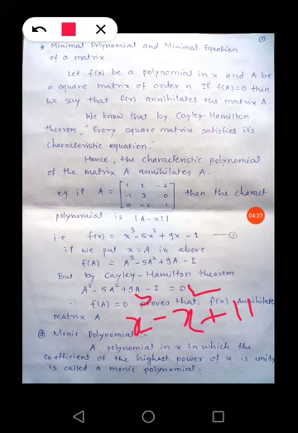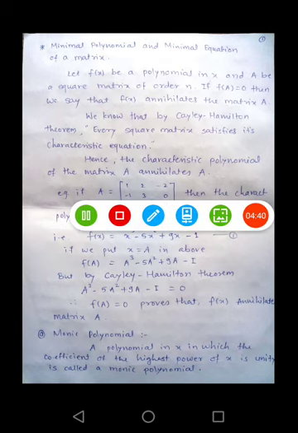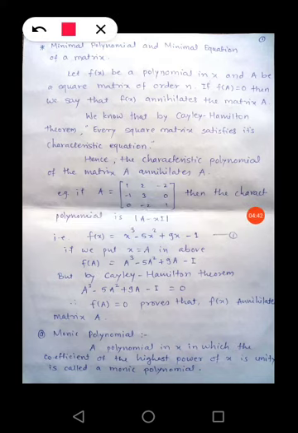So suppose this one is a polynomial in which the highest power of x is 3. So coefficient of x cube is 1 here. So this is the monic polynomial. And I would also like to do one more thing, 2x cube minus 9x square.